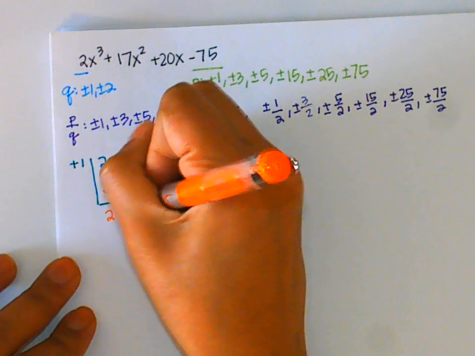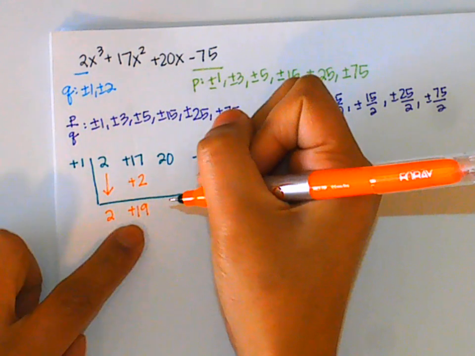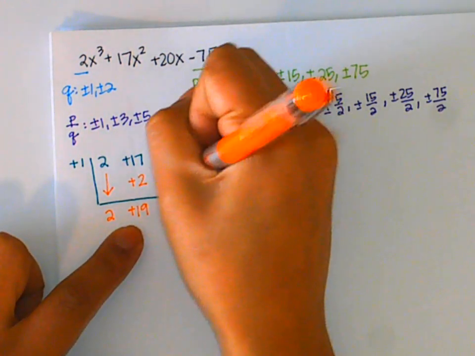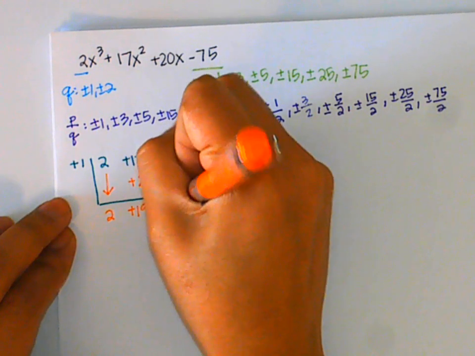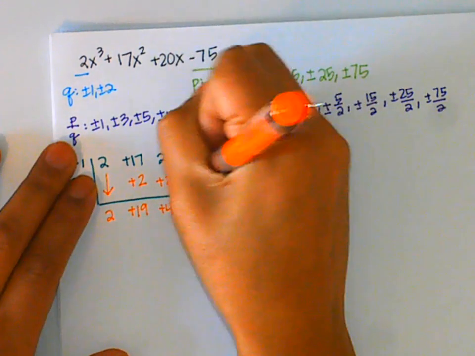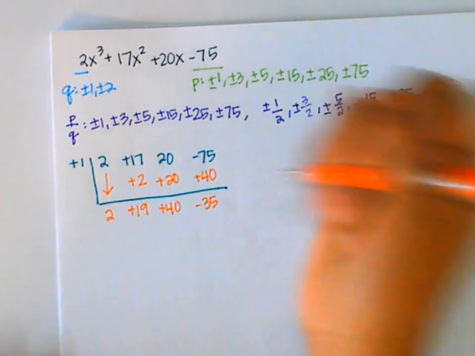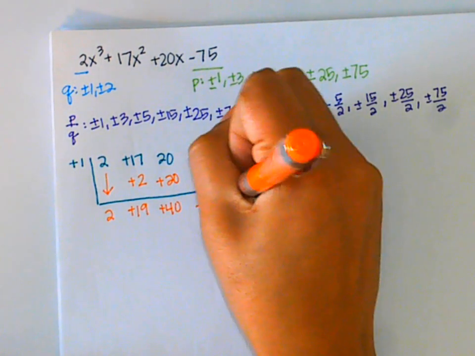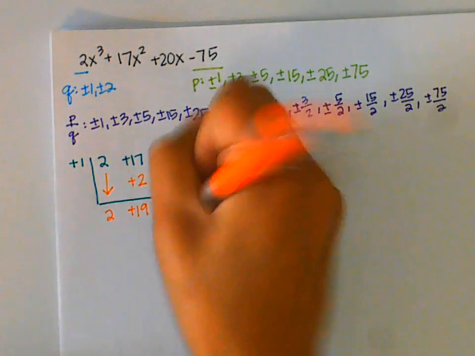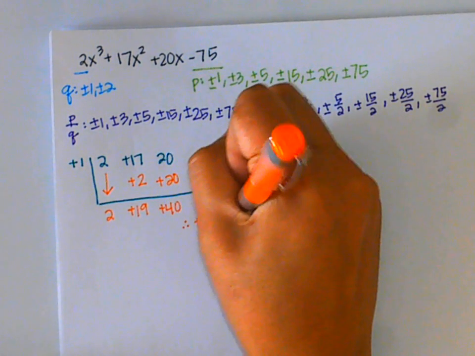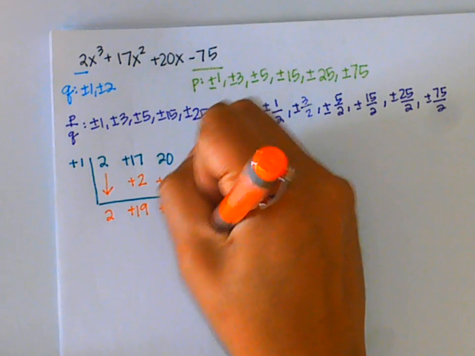So we get a positive 19. I'm going to multiply these two again, and I get a positive 20. 20 plus 20 gives me a 40. Multiply these again, I get a positive 40. And here I would get a negative 35. Since this is not equal to 0, positive 1 is not a factor.